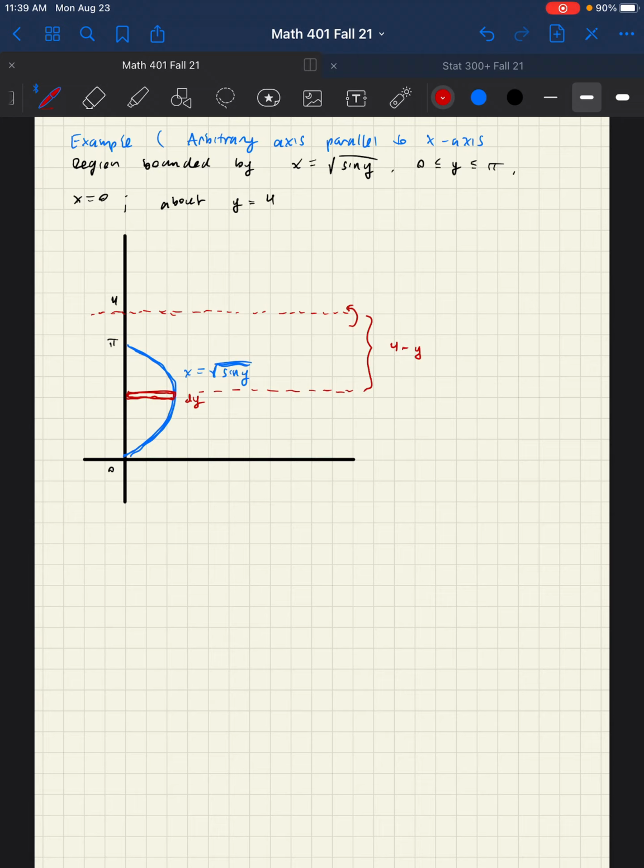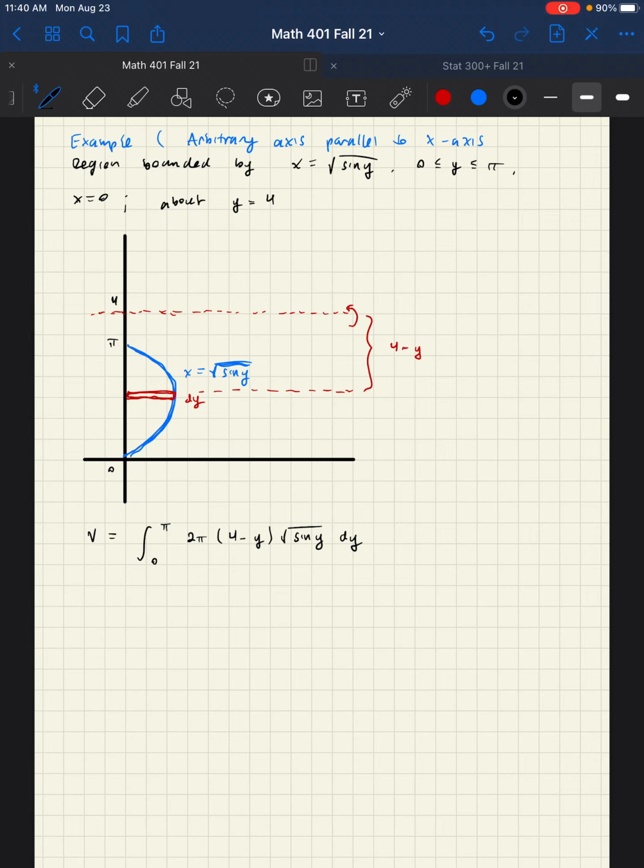So it's going to be 4 minus y, because 4 is greater than y in this case, right? And we want this to be a positive distance. And so this means that when we set up our integral, we're looking at the integral from 0 to pi of 2 pi times 4 minus y times square root of sine y dy.